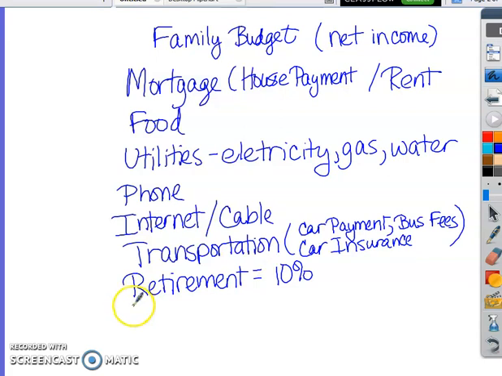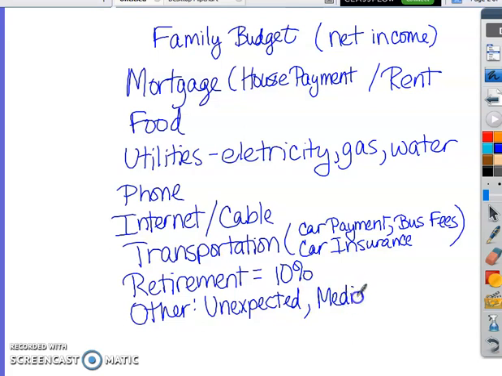And then you also want something that's maybe like other. Other could be things that are unexpected. Maybe birthdays that come up. Something breaks in your house. You might have medical stuff that you need to pay for.